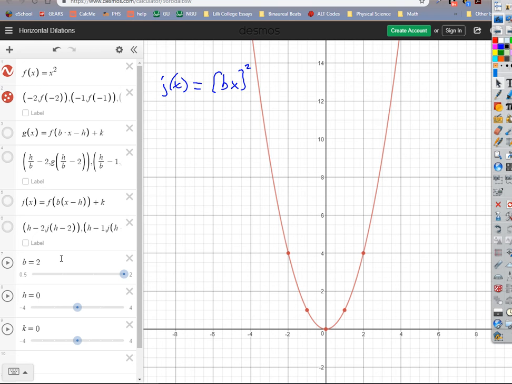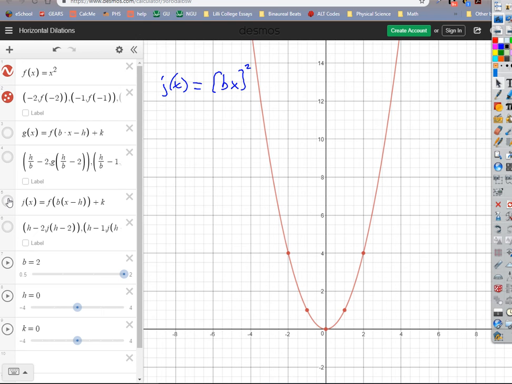That's true. Make it wide, because that makes sense, right? What's your thinking on that, Seth? I can see the wheels turning. So an inside dilation is probably going to affect the graph in which direction? I said it's going to be wider than the other one.